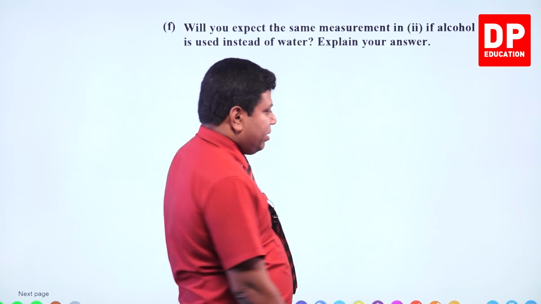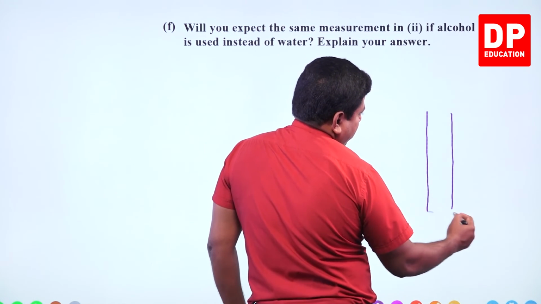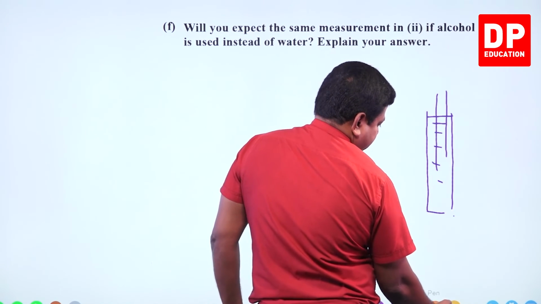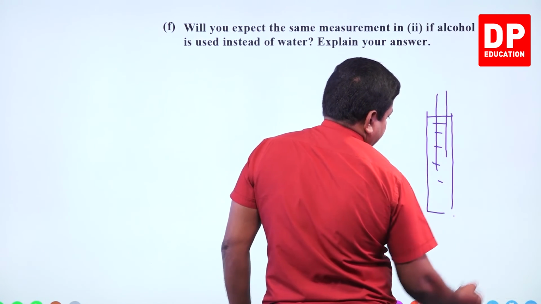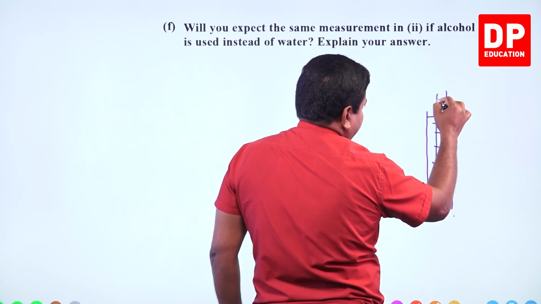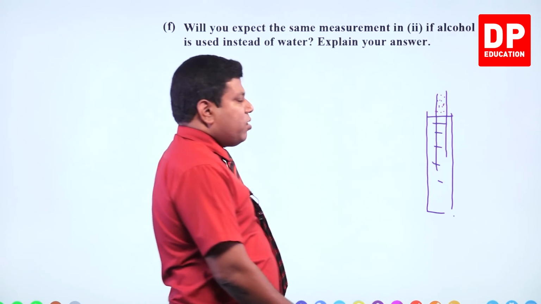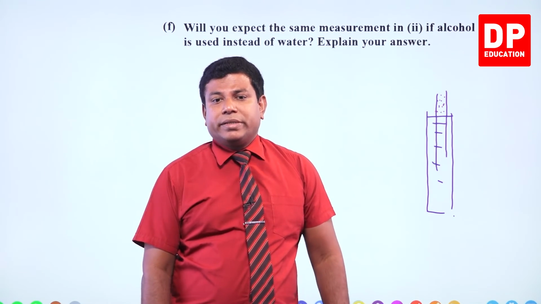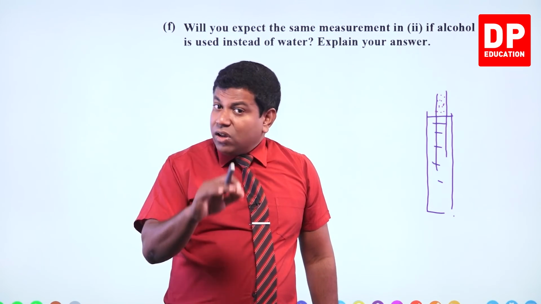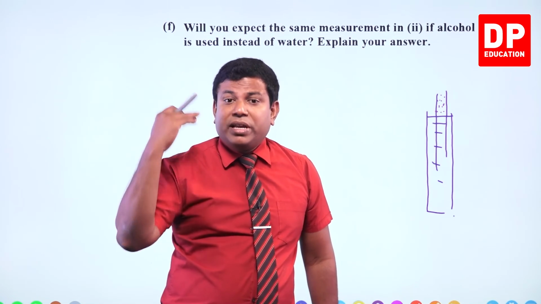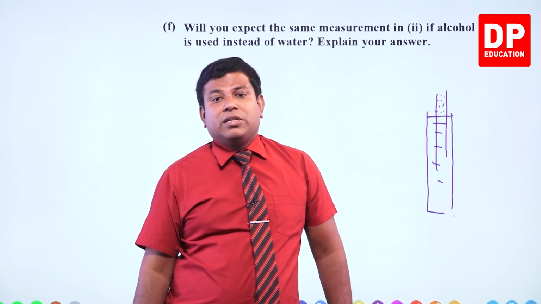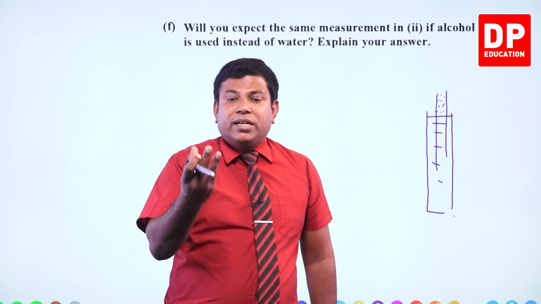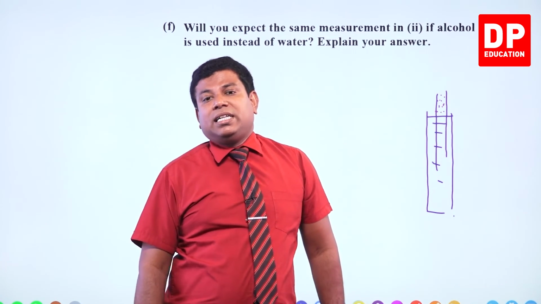So, if this is alcohol, then the evaporated particles will be here. It won't be dry air. Water doesn't evaporate that much in the room temperature, whereas alcohol evaporates very fast. So, near the alcohol surface, you will have the evaporated alcohol molecules.